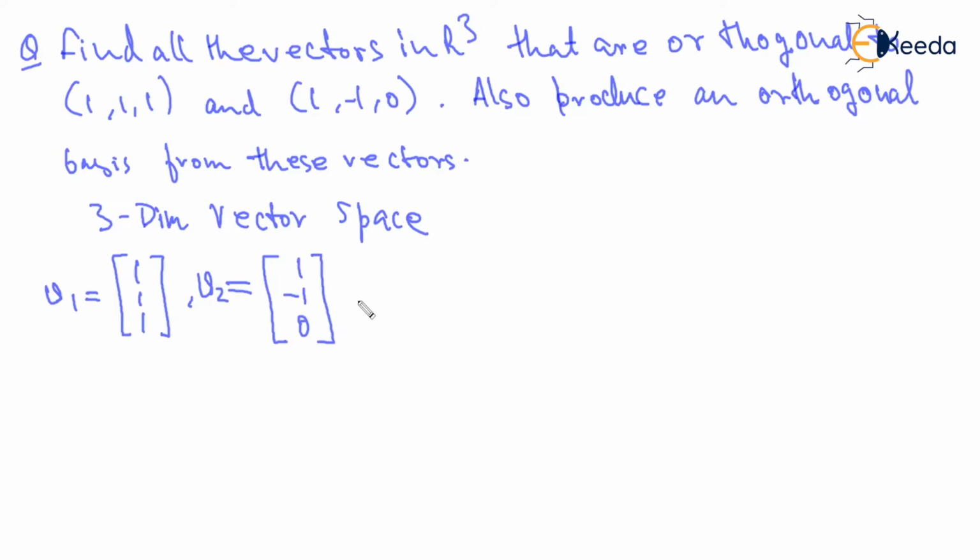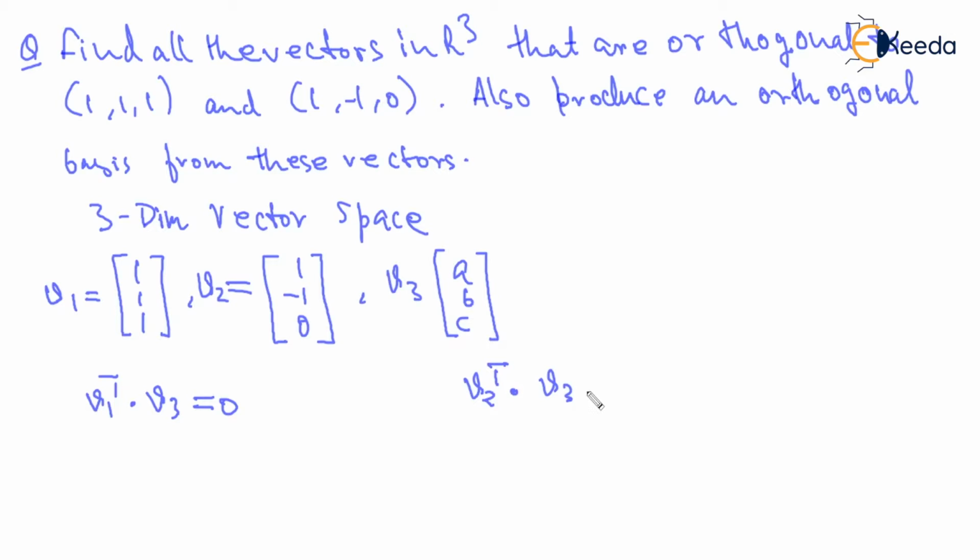And we need a vector V3, let's say (A, B, C), such that V3 is orthogonal to both V1 and V2. The condition for orthogonality is that V1 transpose multiplied with V3 should give 0, and V2 transpose with V3 should give 0. That is, the inner products are supposed to be 0.